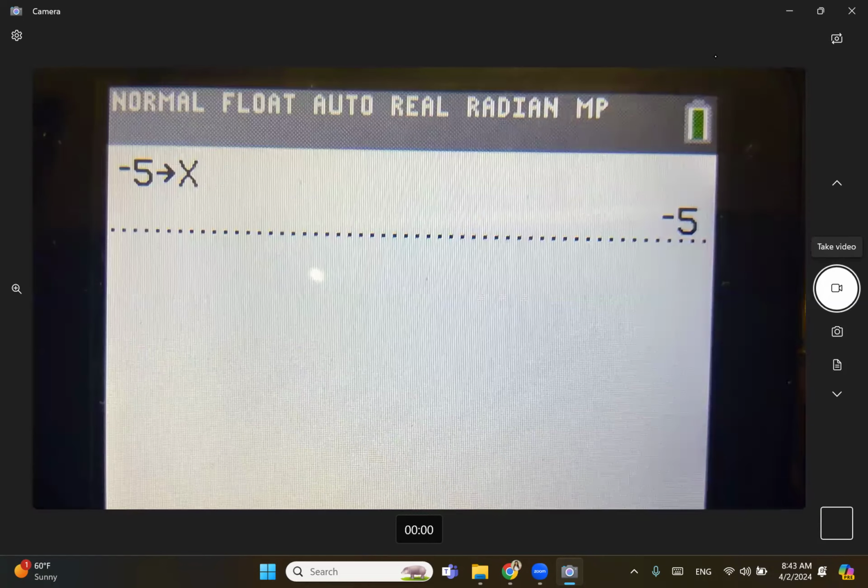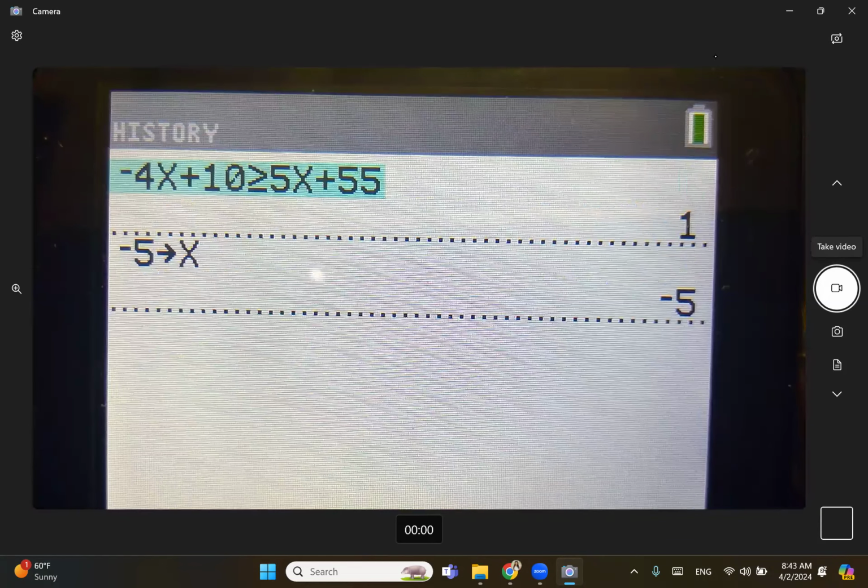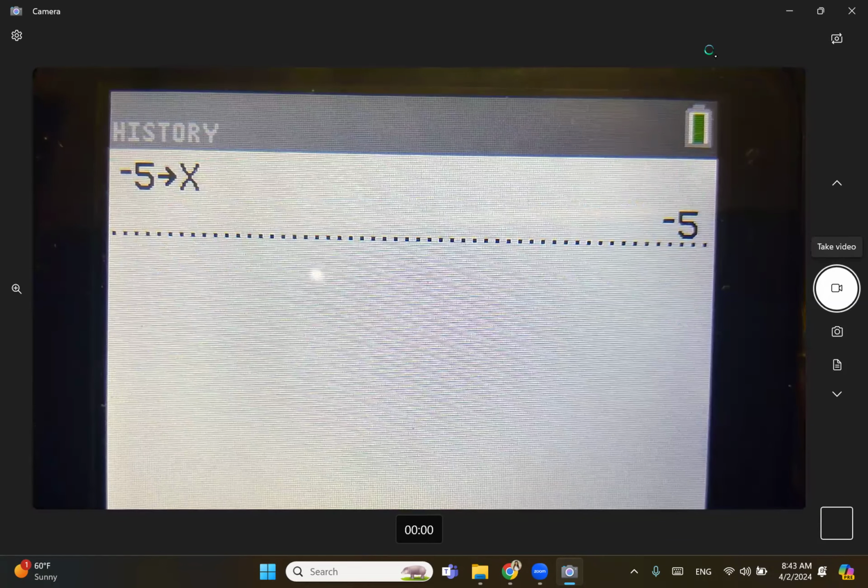Then you can type that equation in. The answer was. I didn't think of that part.